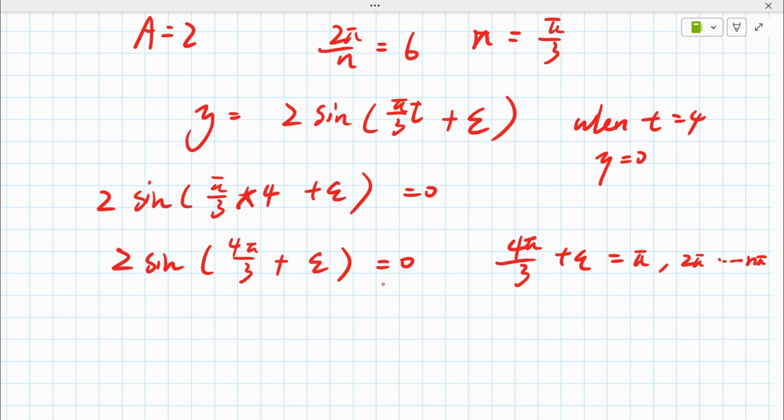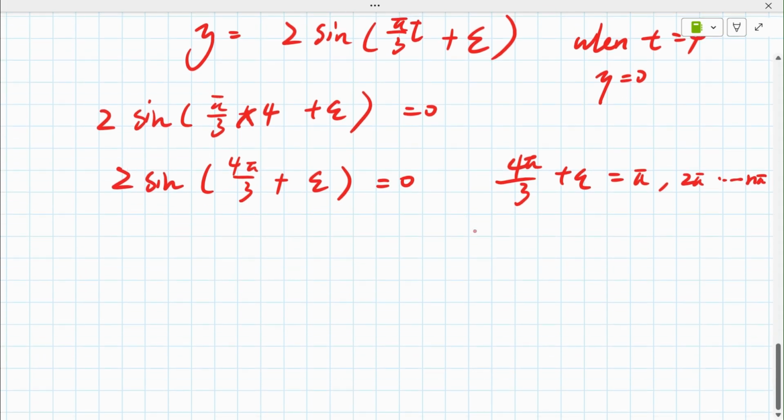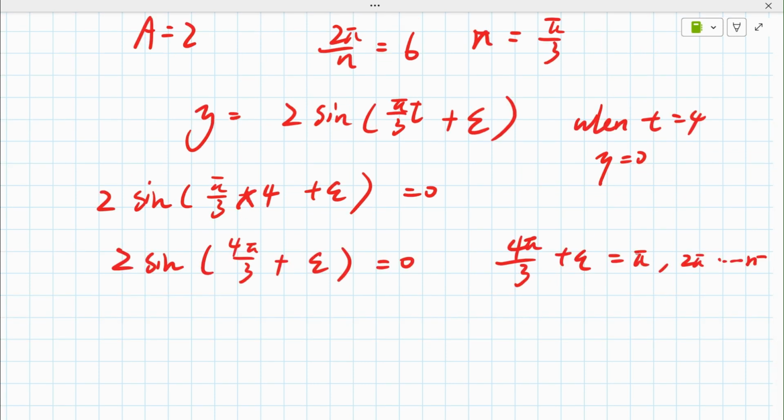So we're choosing the simplest solution. It could equal pi or 2 pi or 3 pi, or even 0. Sorry, even 0.